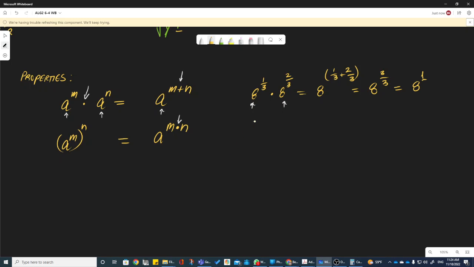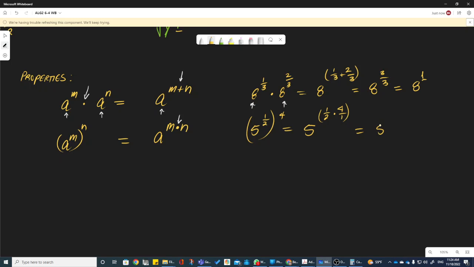Alright, here's the example. 5 to the power of 1 over 2, and all of that elevated to the power of 4. Okay? So now you gotta take the same base and you gotta take 1 over 2 and multiply it by 4 over 1. Okay?